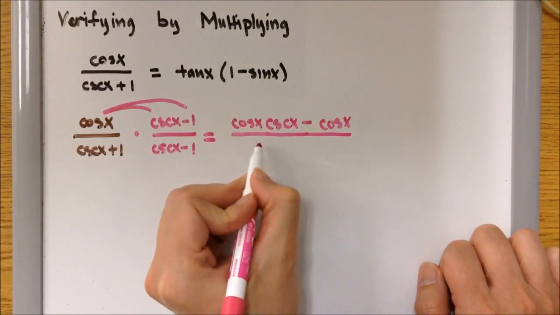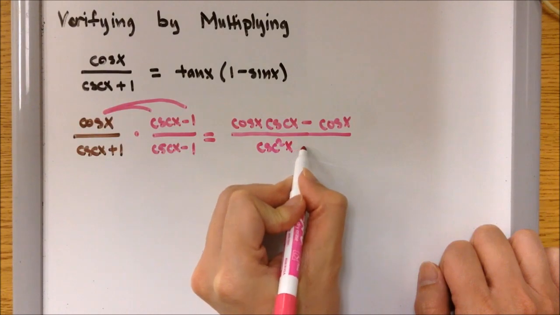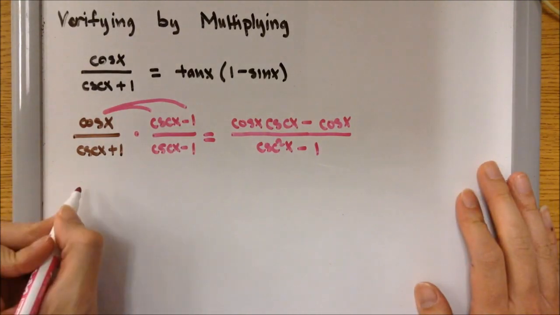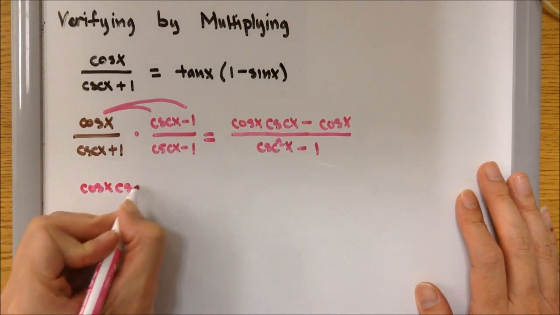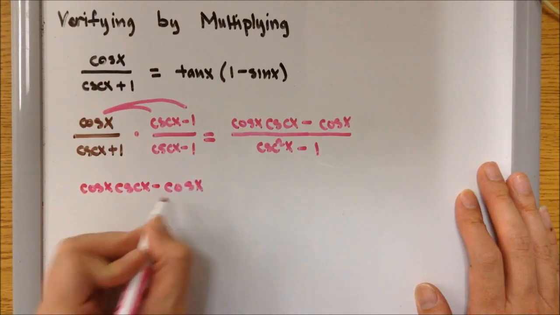And when you FOIL, you should have cosecant square of x minus 1. Alright. There's nothing I can do on the top, but we can simplify on the bottom. We can apply the Pythagorean identity. So again, the top will stay the same: cosine of x cosecant of x minus cosine of x.